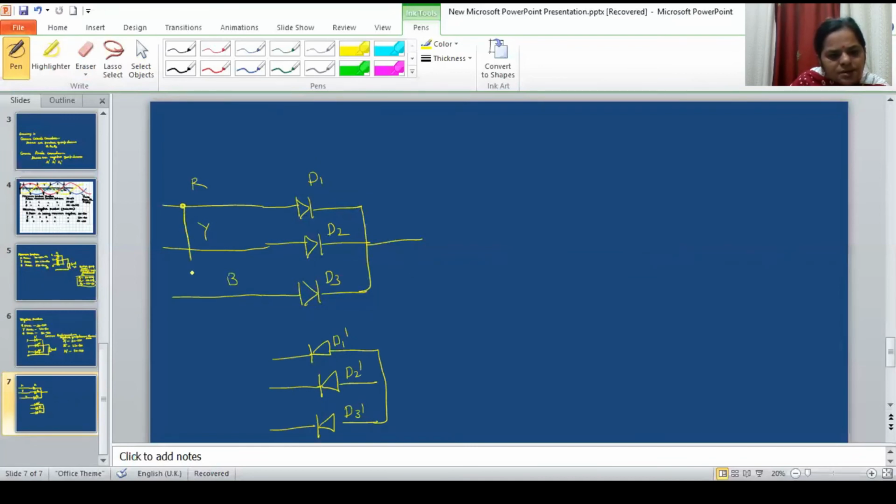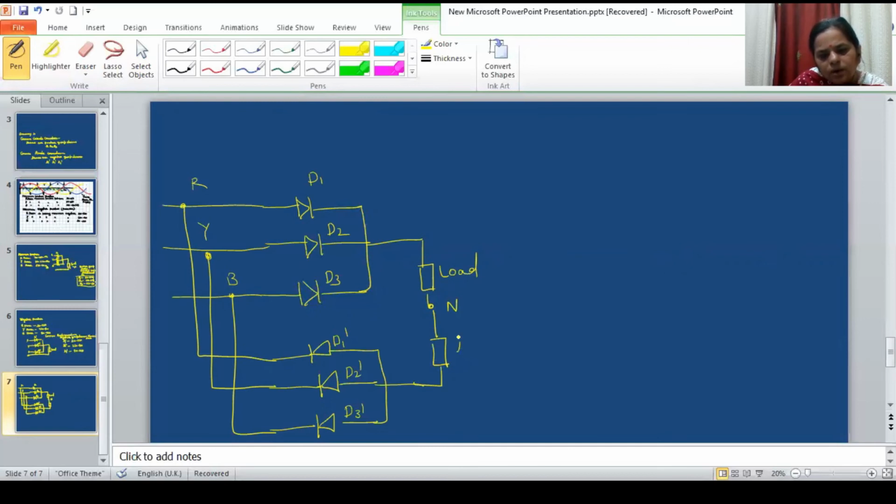Now R phase I can connect here also, Y phase I can connect here also, B phase I can connect here, and this is load and this is the neutral point. So we have connected the common cathode circuit and common anode circuit.